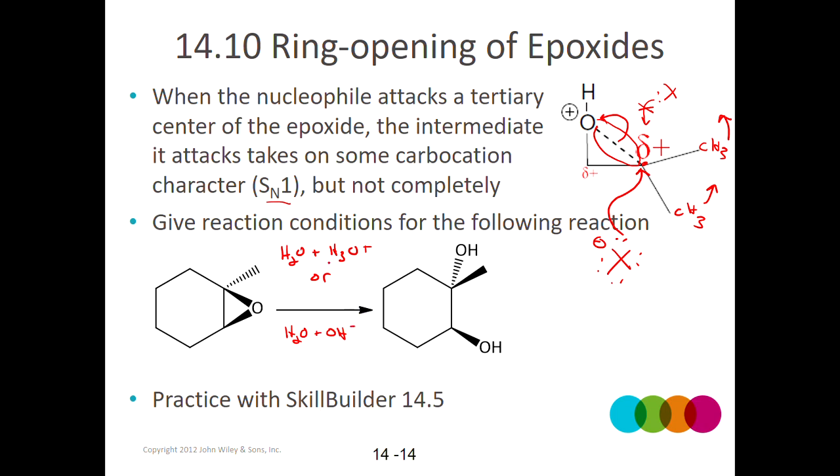Which set of conditions do I want to use? Well, the answer depends on the stereochemical outcome, right? So when one side is tertiary, I can get a nucleophile to come into that side and push out the leaving group, but only if I protonate it first, which means I would need acidic conditions.